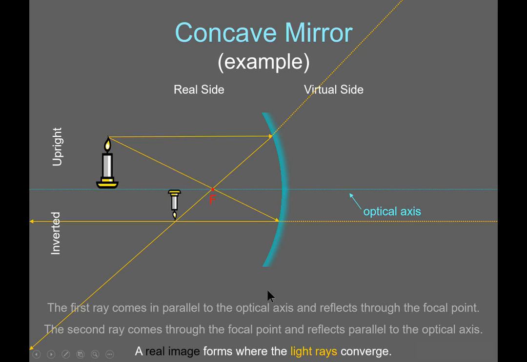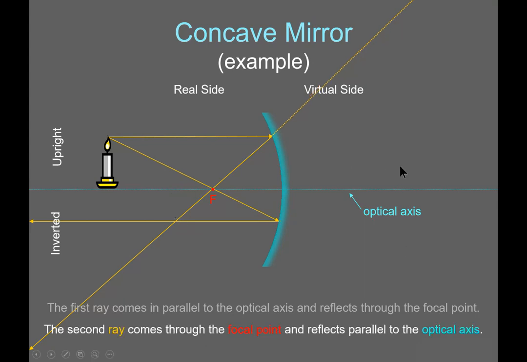So if you were looking into a concave mirror, you would see an object that's upside down, and it would put the image on our side. That's why, if you're looking at a concave mirror and you think, I don't see myself, it's because it's not on the virtual side. You can only really see what's on the virtual side.